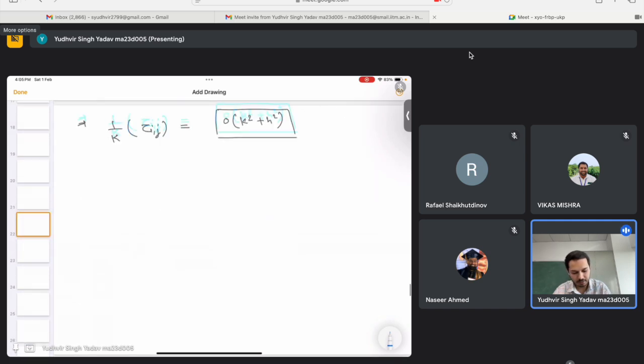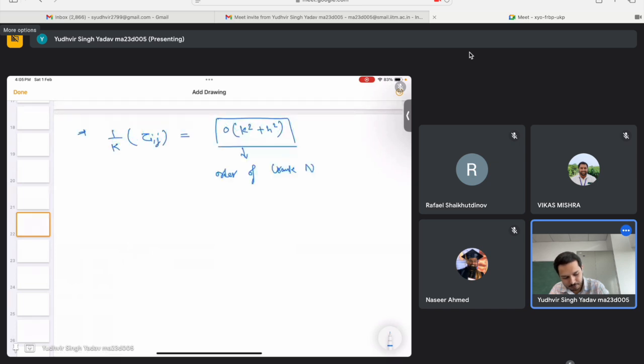So this is the order of the method for Crank-Nicolson. Here we can see that both in time direction and space direction, we will have second order. So it will be much faster and much more accurate than the previous schemes, that is the Laasonen scheme and the Schmidt scheme.